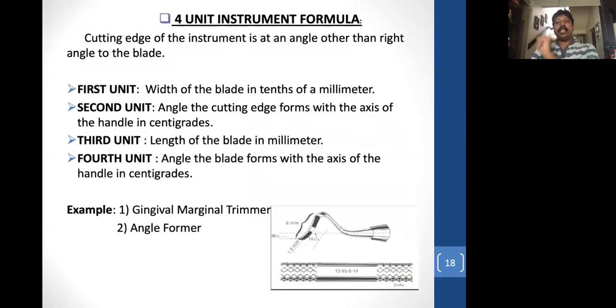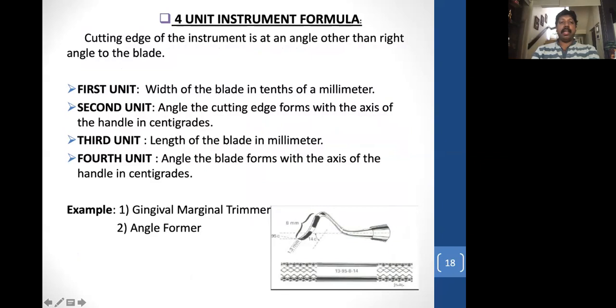4 unit में एक चीज बड़ा हो गया. Okay. First unit same है. Width of the blade in a tenth of a millimeter. That is same. That is इधर 1.3 mm width है. So tenth of a millimeter मतलब 13 हो गया. समझे आपको? Very clear. Okay. 1.3 होता तो 13 होता. Second unit, angle of the cutting edge forms with the axis of the handle in a centigrade.